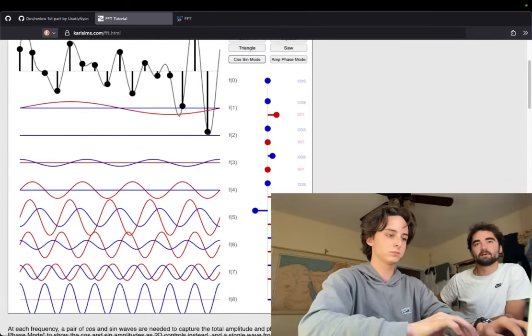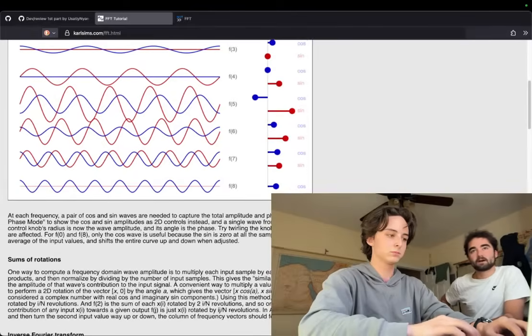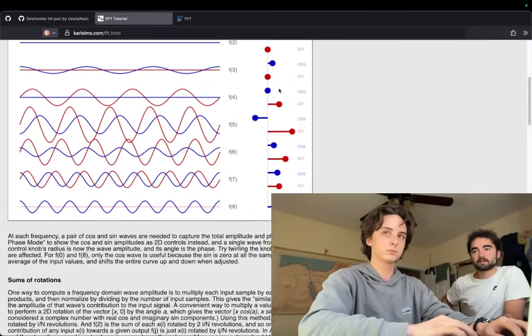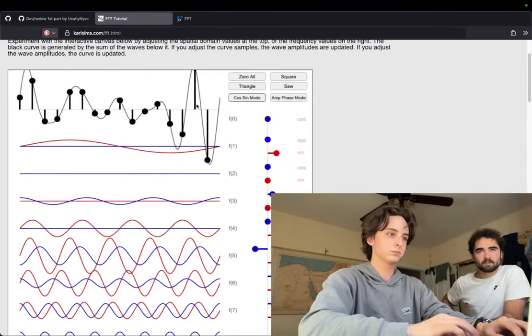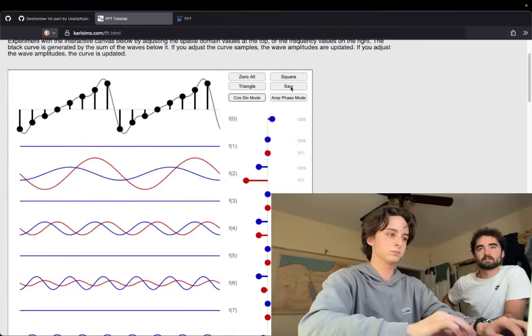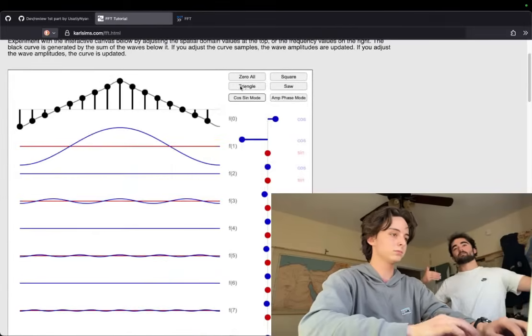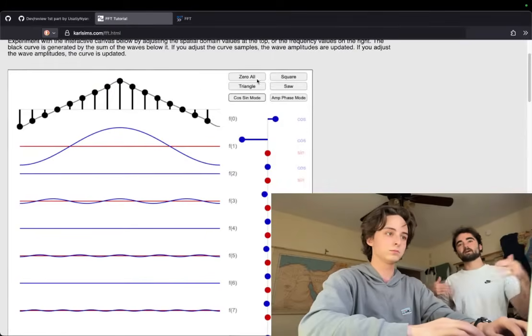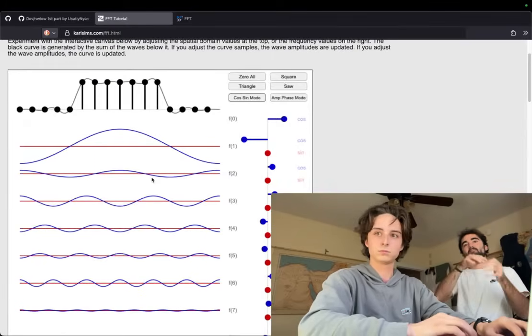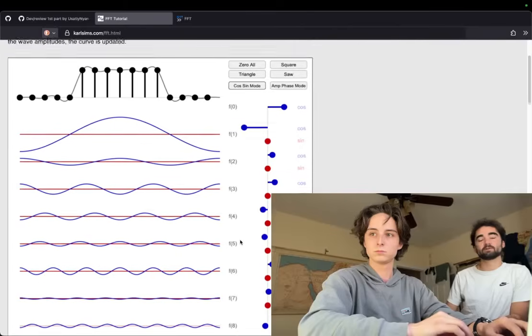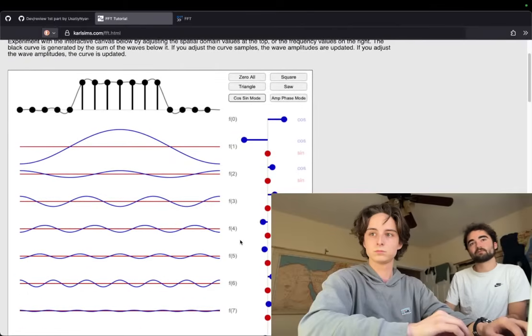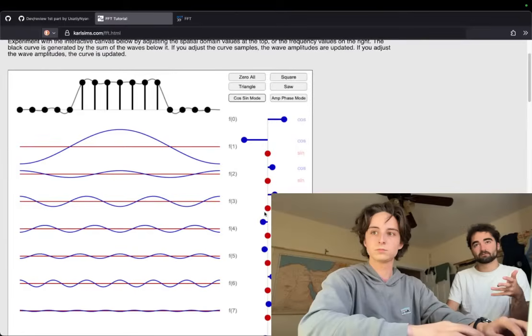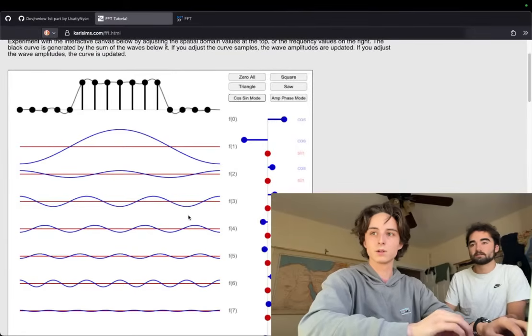The input you have up top is the black one, and what a Fourier transform does is take out all of these different functions that are added together to make that black graph. Then you can extract important information like frequency information, because we're doing an audio visualizer and we're going to need that.